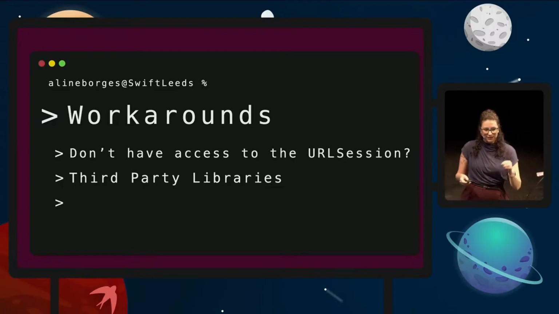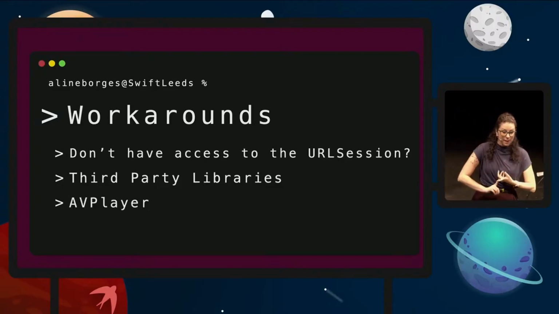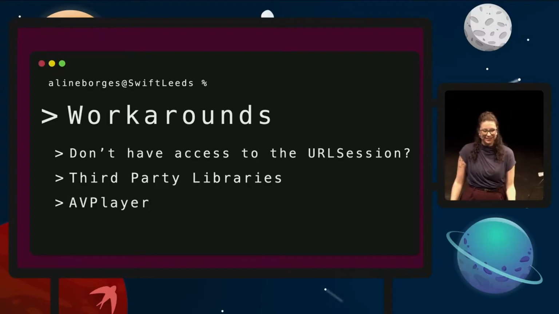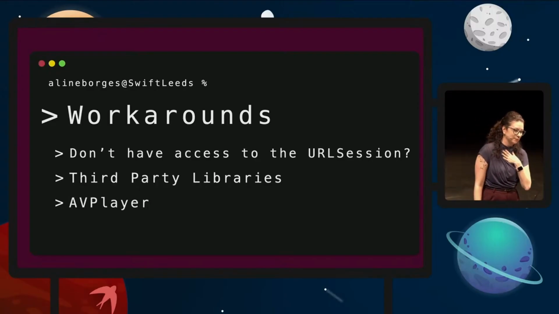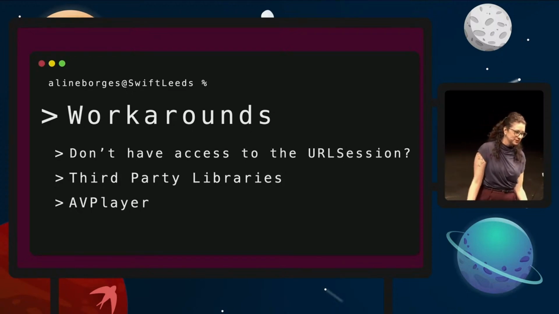So used very carefully, it might be good. But there's also one other thing that I went through. It was AVPlayer. AVPlayer doesn't use URL session underneath, so I can't just swizzle. I don't know, the implementation of AVPlayer uses something else. But AVPlayer is very, very good.